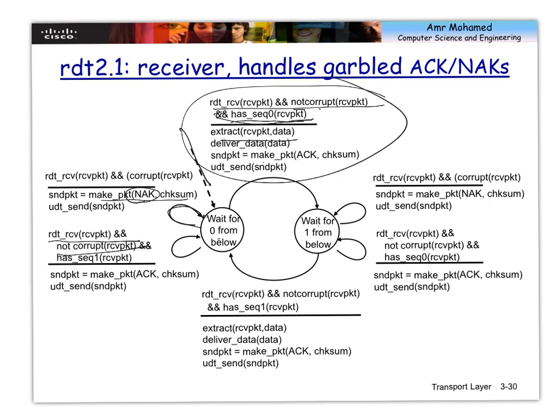It was corrupted on the way to the sender. So the sender retransmitted the same packet again. So this will trigger this case. Okay? Because the sender will send a packet, it arrives, no error, everything is fine, but the sequence number does not match. So this is the duplicate packet.